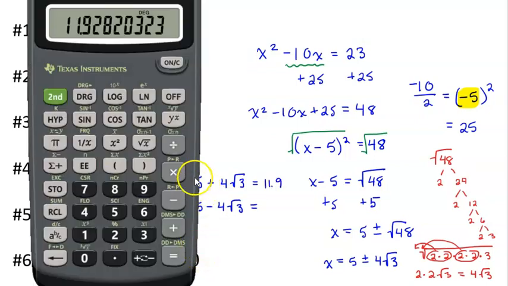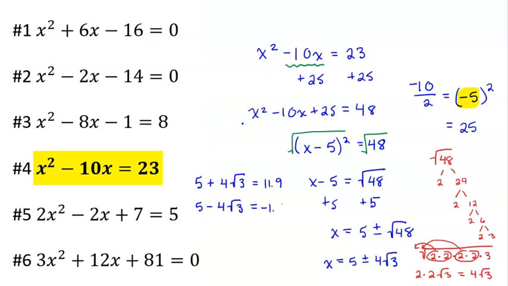Then we do the same thing with minus: 5 minus 4 times the square root of 3 equals, and I get negative 1.9. So negative 1.9 and 11.9 would be my answers if they wanted me to round.